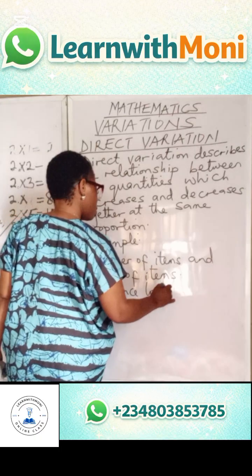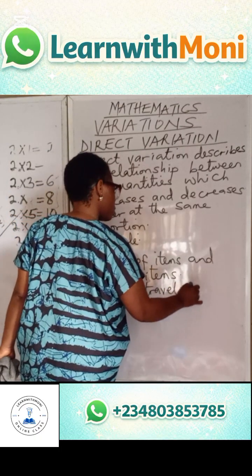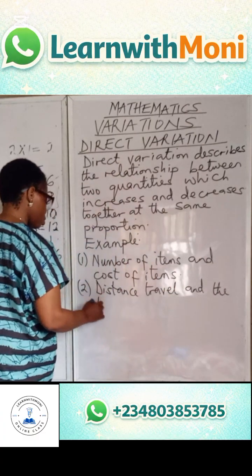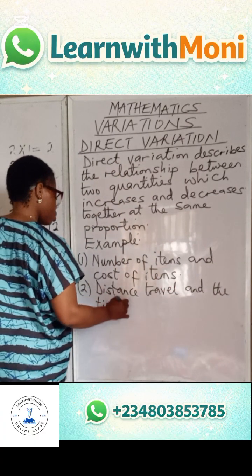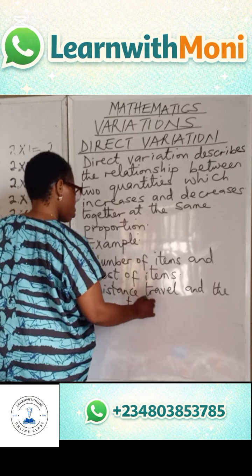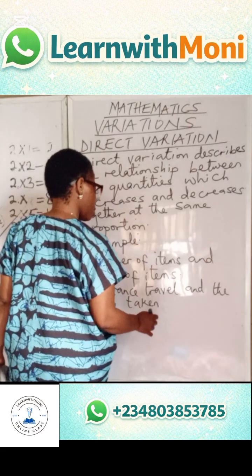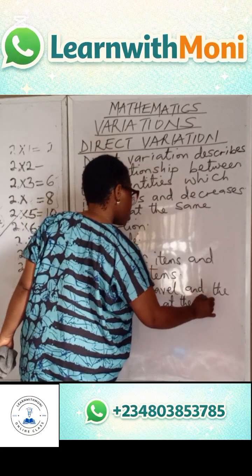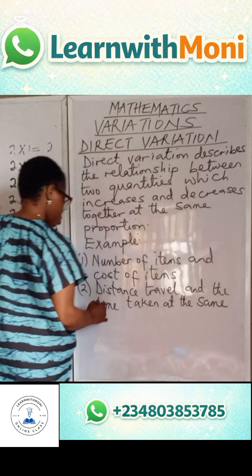If the car travels for 50 kilometers and spends a certain number of hours, you expect that by the time that car travels for 70 kilometers, the number of hours it spends is going to increase at the same speed.